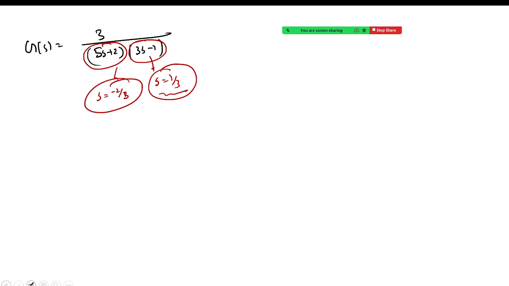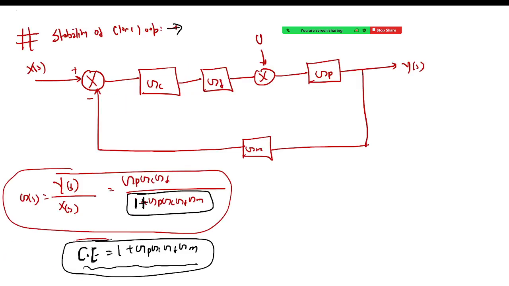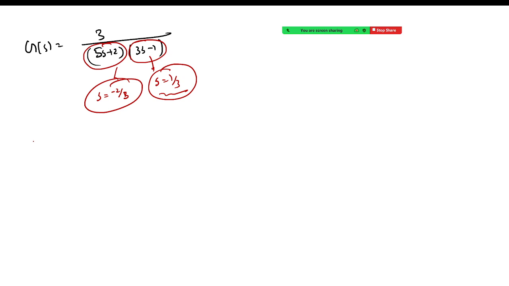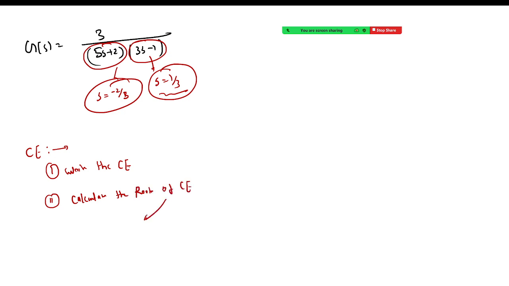So the thing is that if I write the characteristic equation over here and calculate the roots of this characteristic equation, right? So the first aim is to write the CE, fine. Second, calculate the roots of the characteristic equation, right?